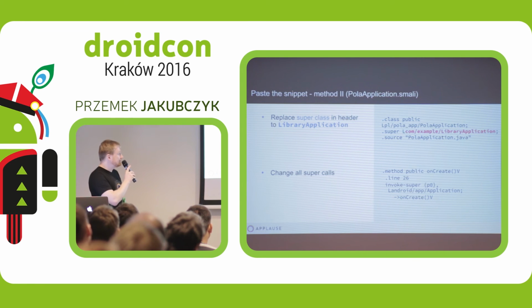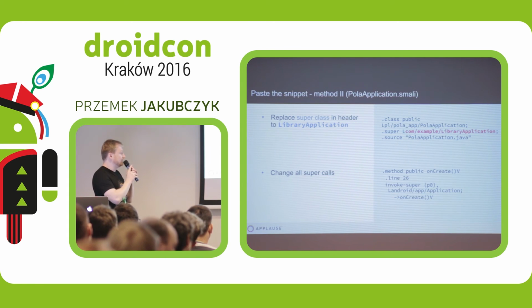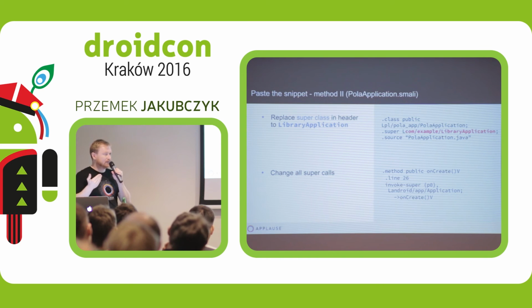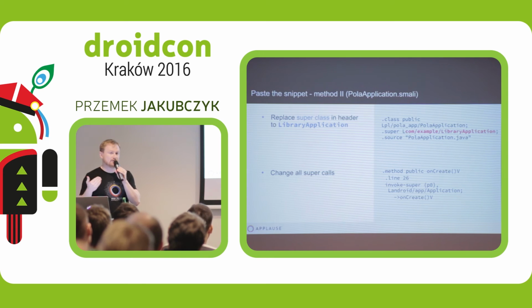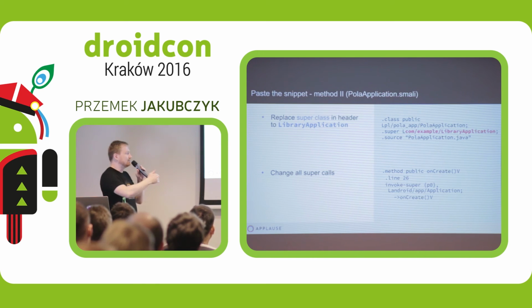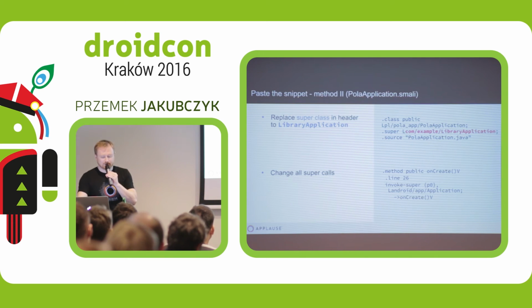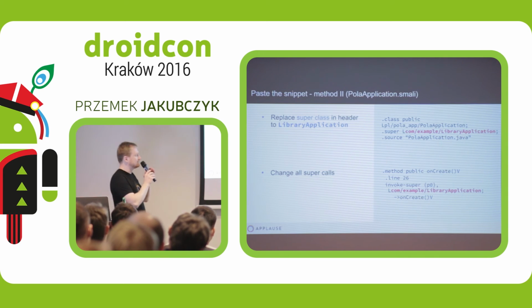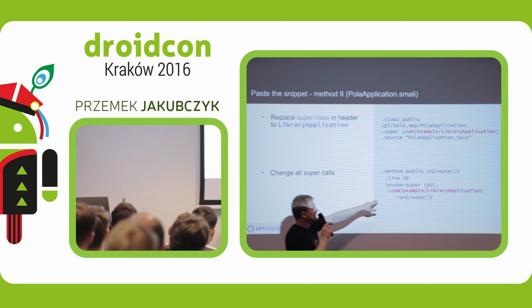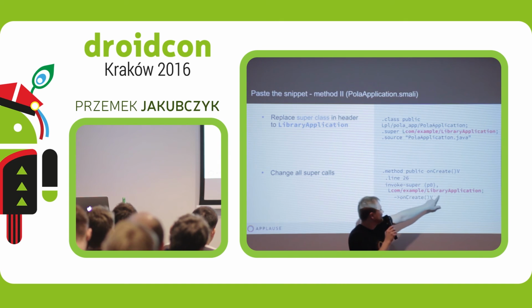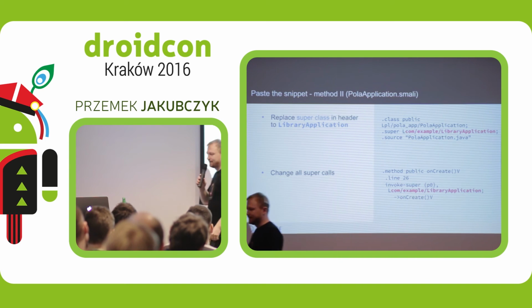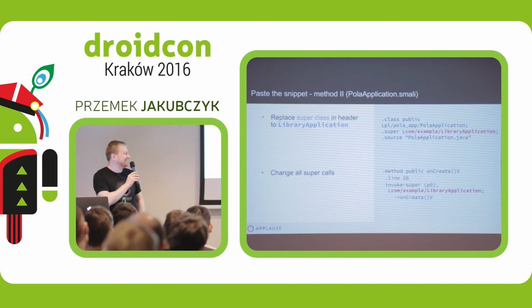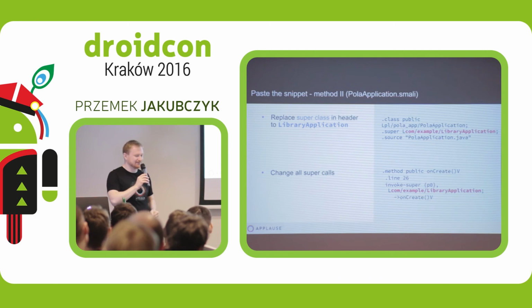The second regex is for the super calls, because normally you don't see what's behind super. You don't care, because you change the inheritance and the compiler does it for you automatically, but here we have binary code, so we have to do it ourselves. Invoking super actually means you have to invoke this method from this application. Easier, right? I regret that I found it so late.